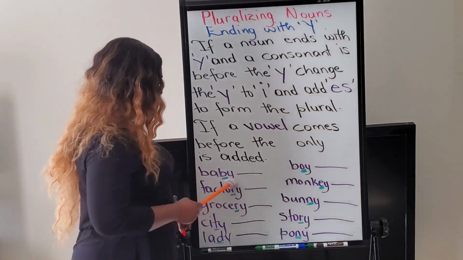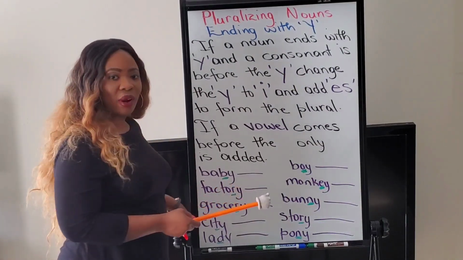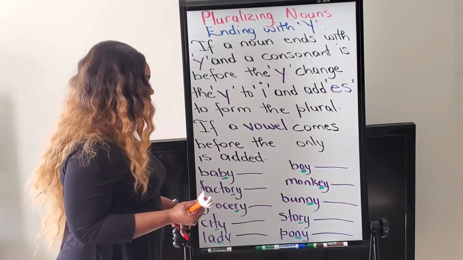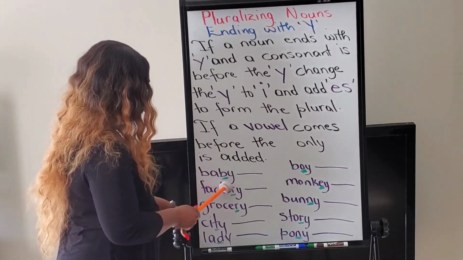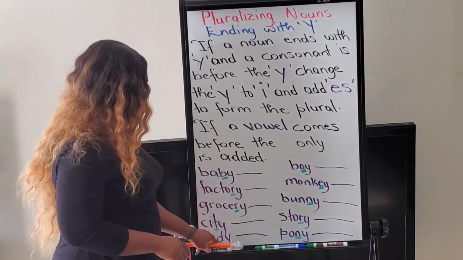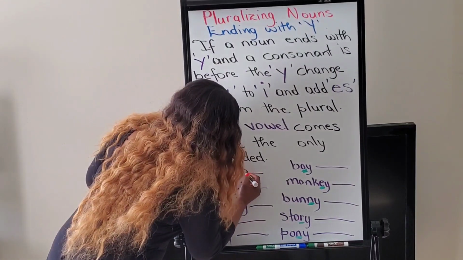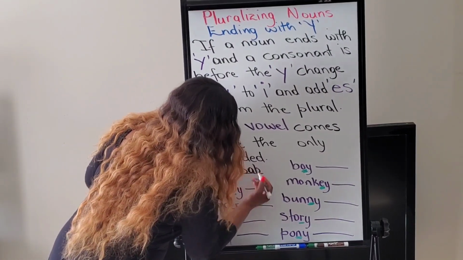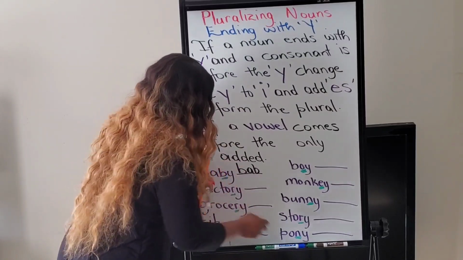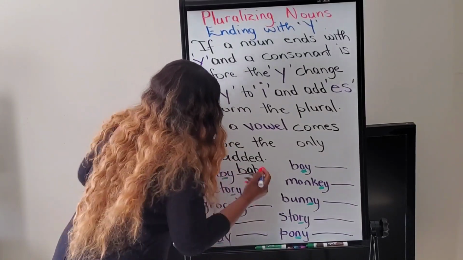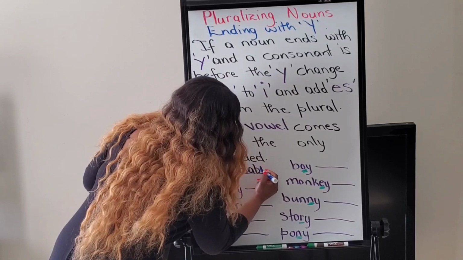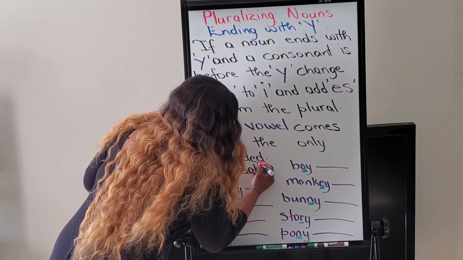So here we have baby. Is this a vowel or a consonant? Right. Ding, ding, ding. It is a consonant. So what you do is you throw away that y. So this becomes B-A-B. Like magic now. This y becomes I. See there?